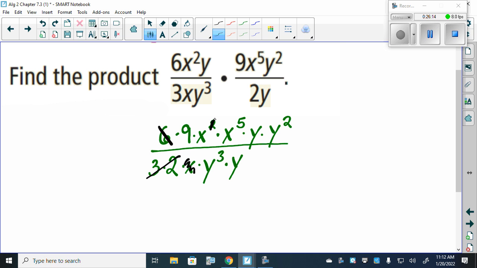How many y's do I have on top? 3, yes? So these 3 really would cancel with those 3 there, leaving me with 9x to the 6 over y. Because we could simplify there. We don't have to.